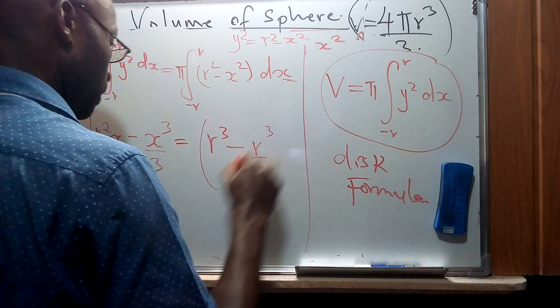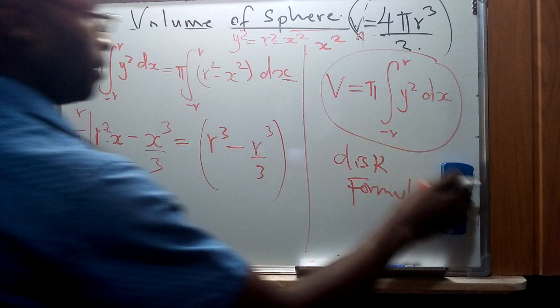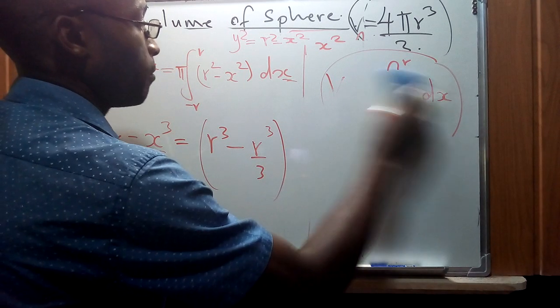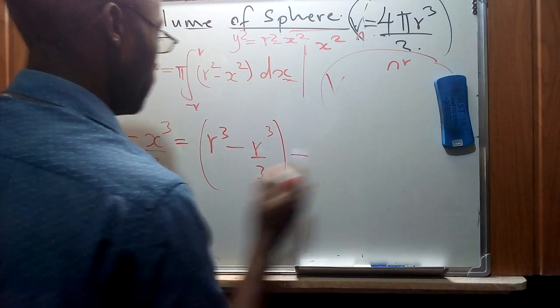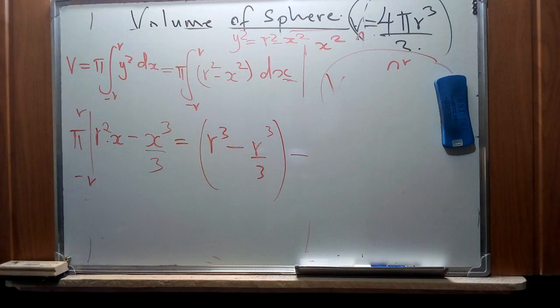Then we subtract the second part, substituting negative r.